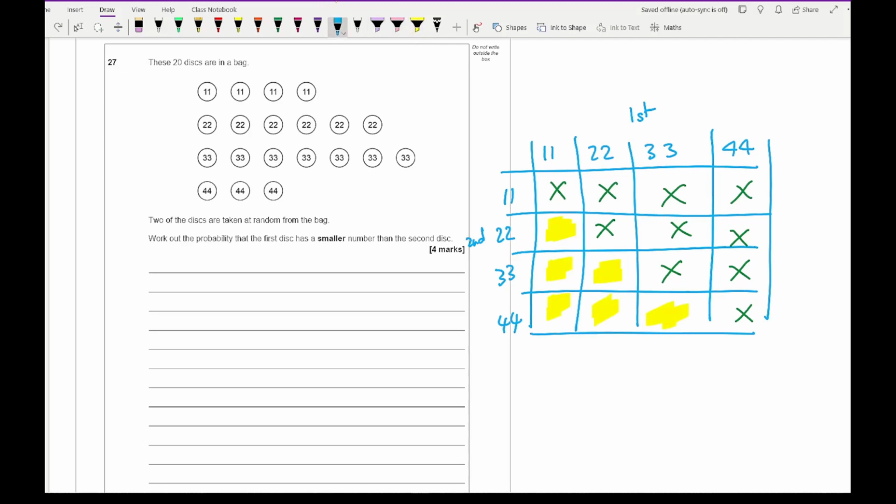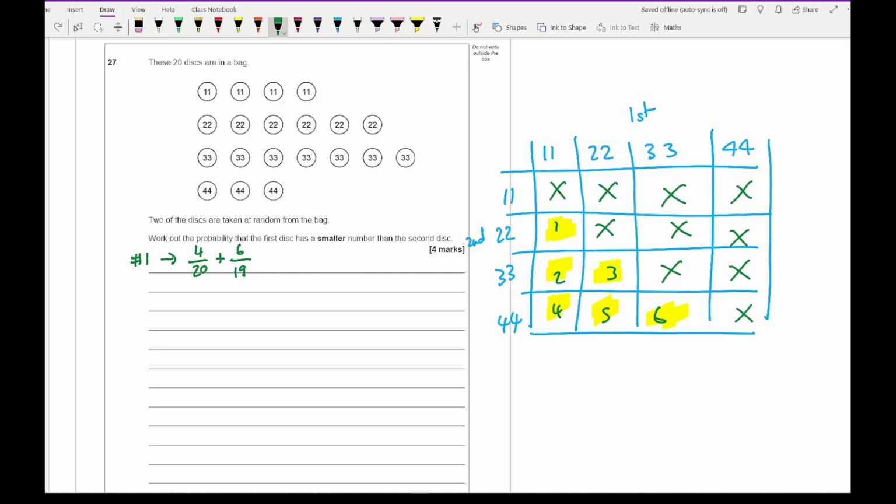Now if I label these ones as 1, 2, 3, 4, 5 and 6, let's work out each of those individual probabilities. Number 1 is 11 first, so that's going to be 4 out of 20, and then it's going to be the number 22, so it's going to be 6, but out of 19 because I've already selected 1.